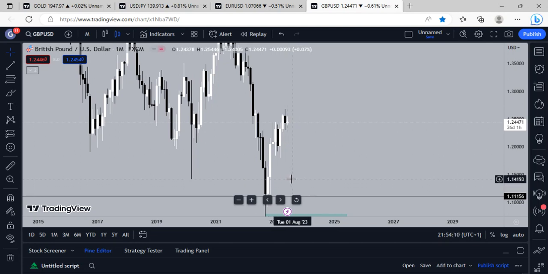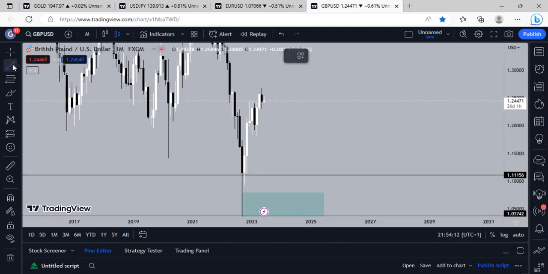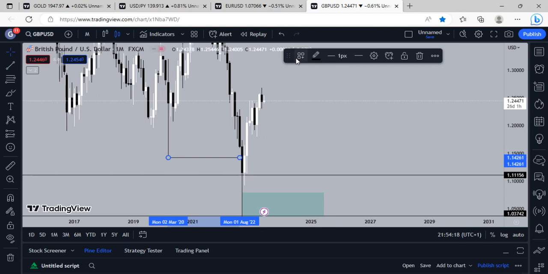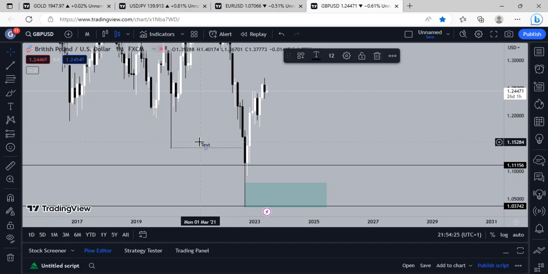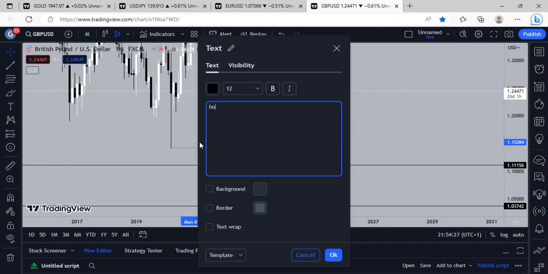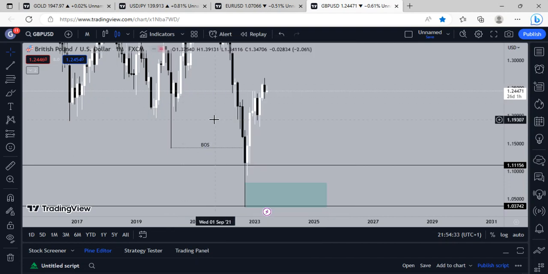There's nothing much really, but what we have on the monthly is price breaking that support. So that's what we call our break of structure, because price closed below it. That's going to be our BOS.